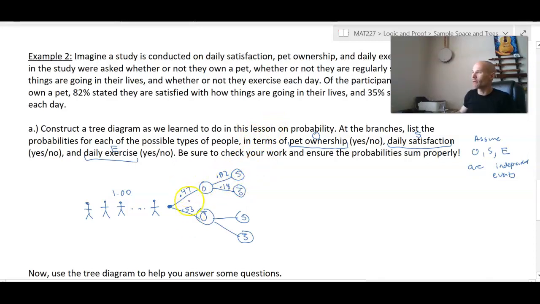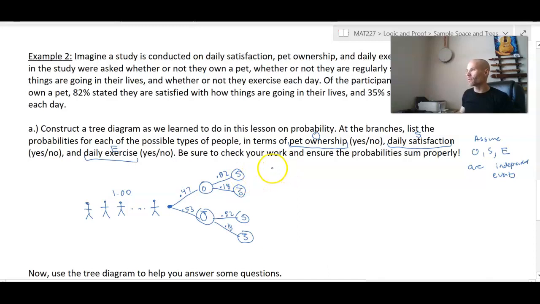Once again, notice that down here at this first rung, the people who move to the top and bottom add up to the 1.00. No weird alien abductions, nothing like that. We're accounting for all the people. 0.82 plus 0.18, again, that's all of the people coming from the O group. And down here, 0.82 of the 0.53 move to the top, 0.18 of the 0.53 move to the bottom.